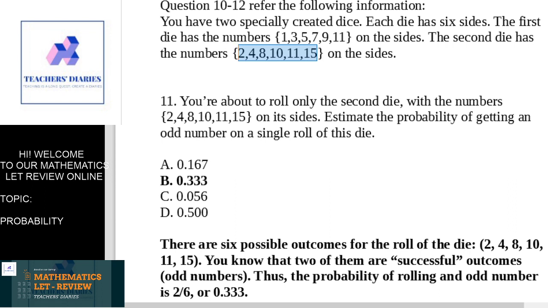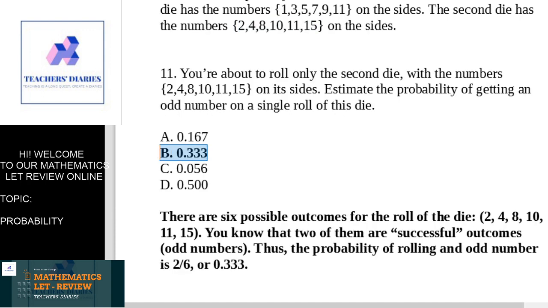Estimate the probability of getting an odd number on a single roll of this die. A, 0.167; B, 0.333; C, 0.056; and D, 0.500.